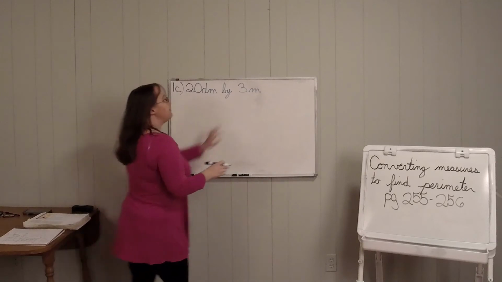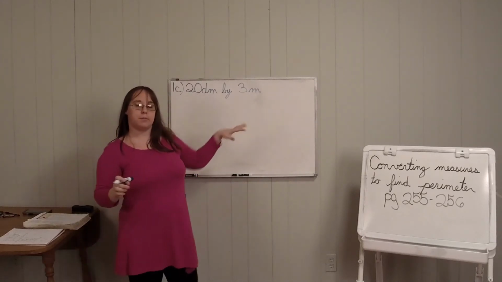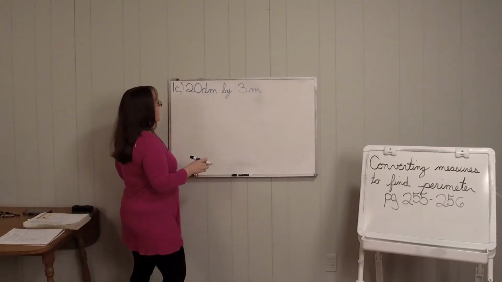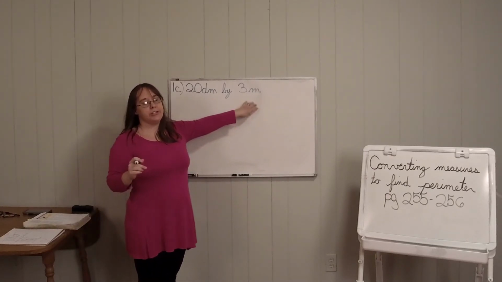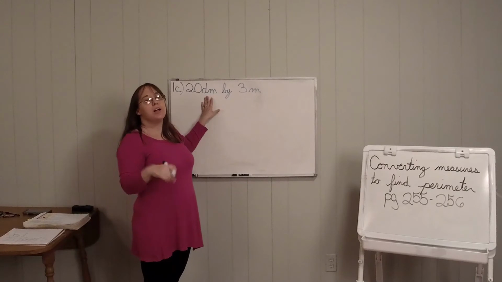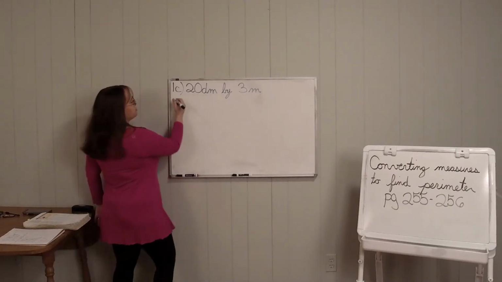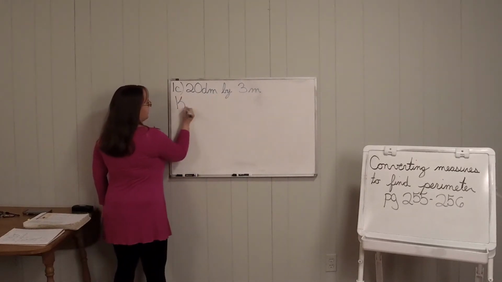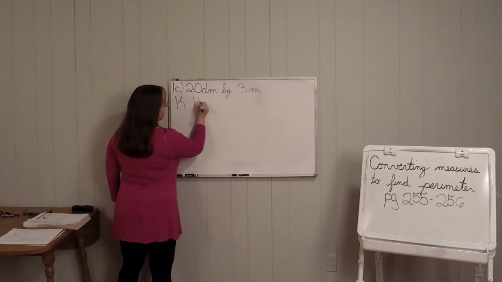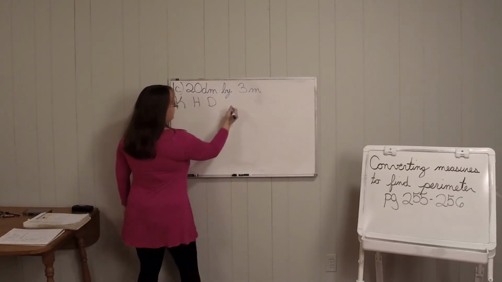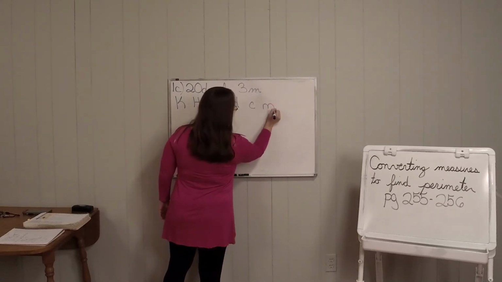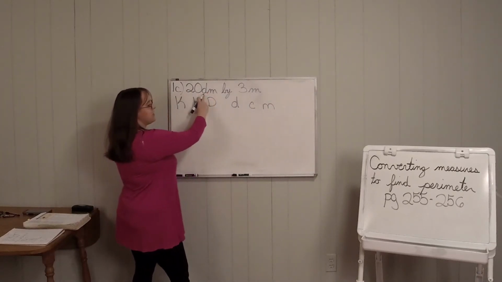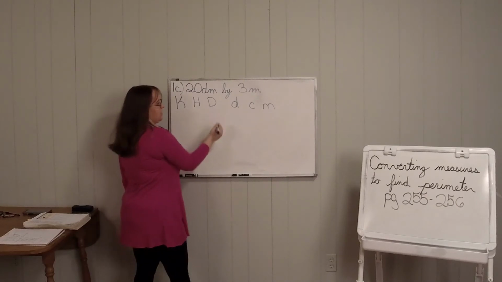Alright, so now we're having the metric system instead of the customary English. This is meters. Remember, M by itself is meters. DM. Now think of that. There were 2 D's in our metric system. We have the kilo, hecto, deca, deci, centi, and milli. Well, this is a little d, so it's going to be a deci.